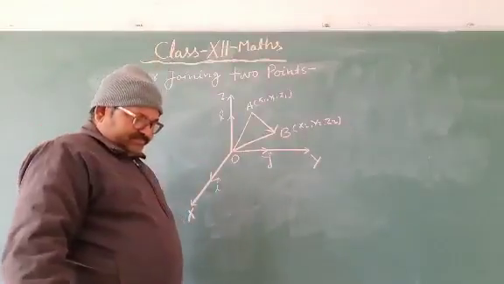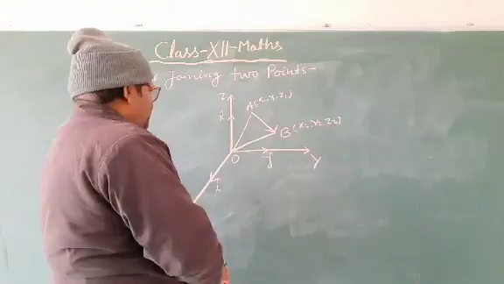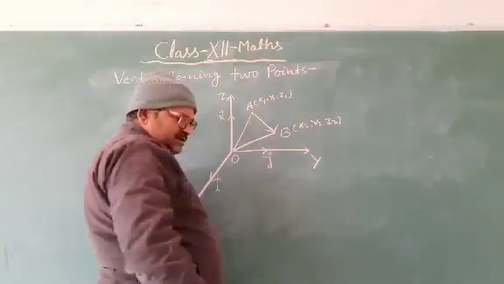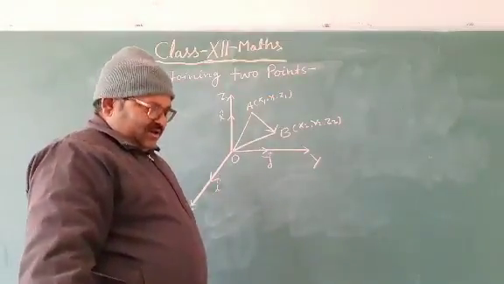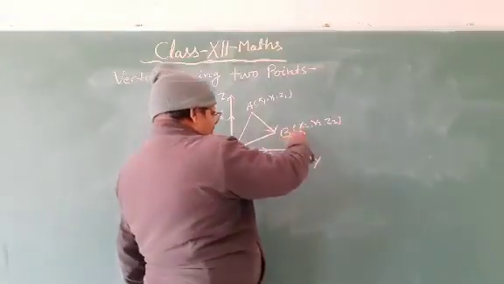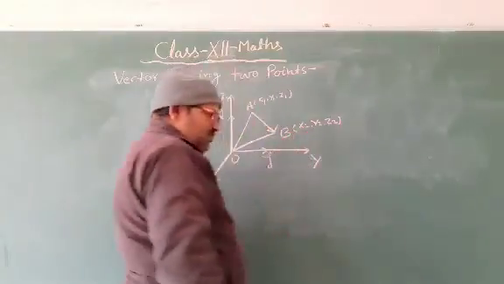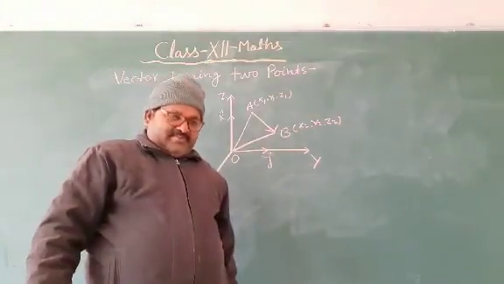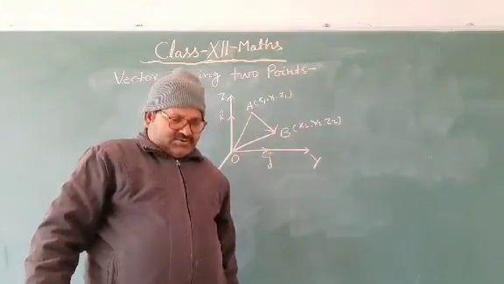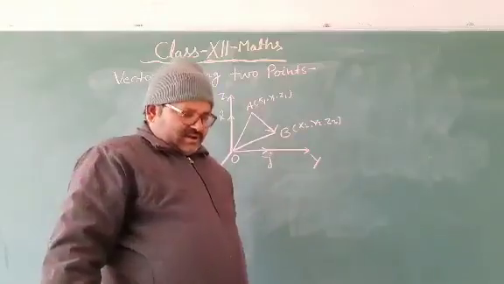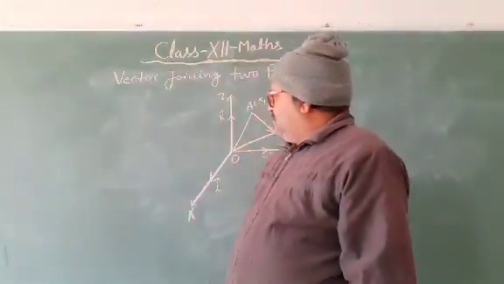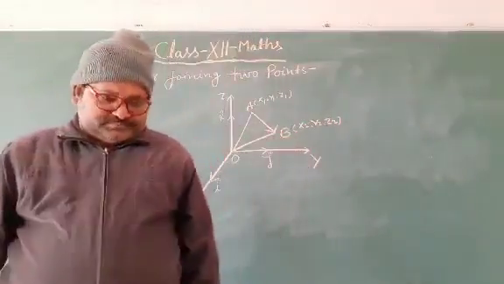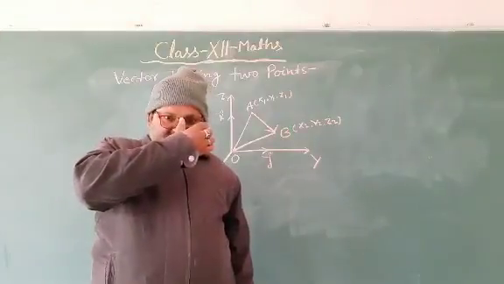Let us suppose A is (x1, y1, z1) and B is (x2, y2, z2), and any vector in space.